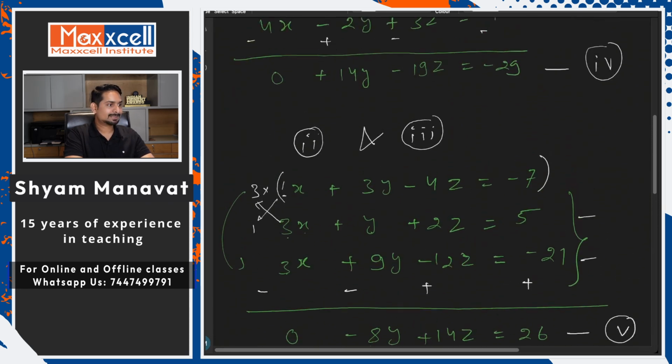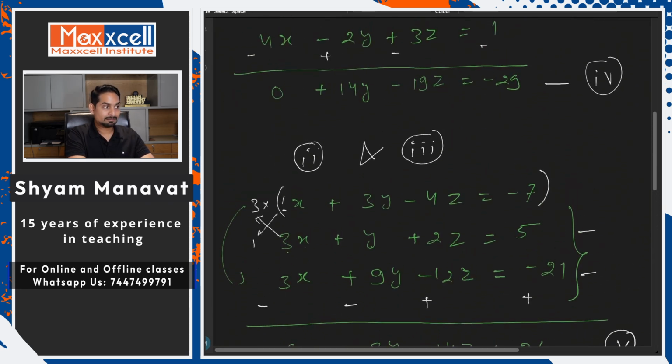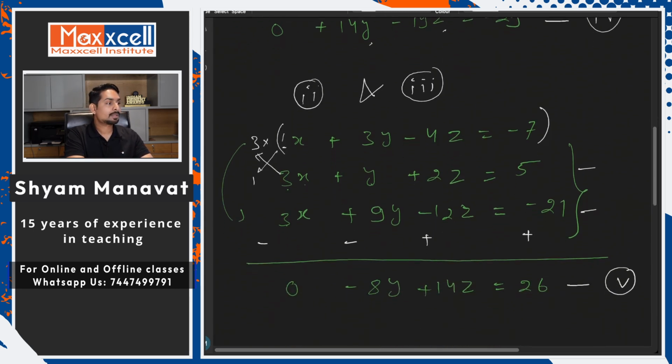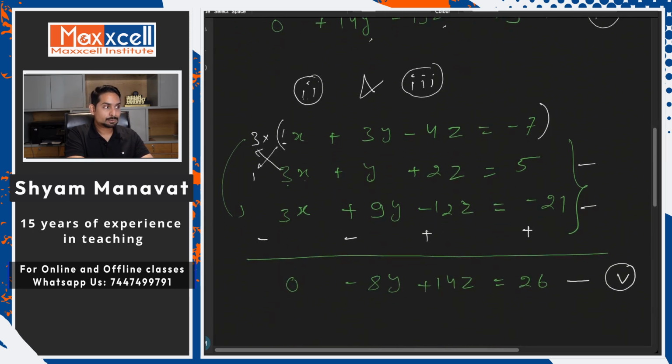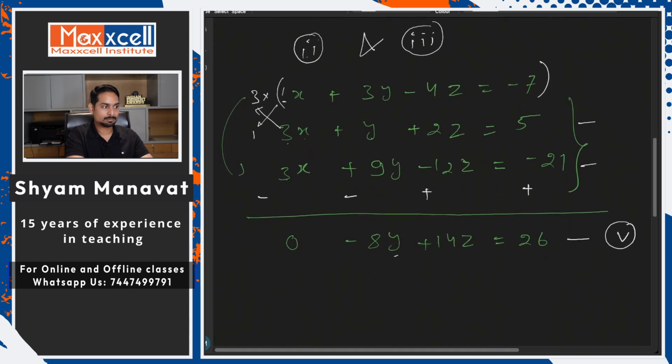Now look at equation number 4 which you have, 14y minus 19z. The point is you got y and z after eliminating x from the combination of equation number 1 and 2, and from the combination of equation number 2 and 3, when you eliminate x, you get y and z again.